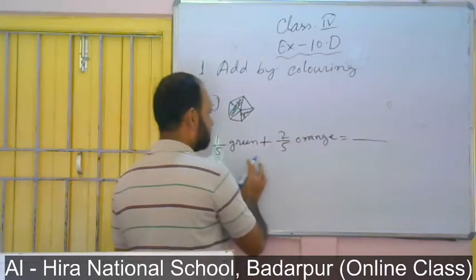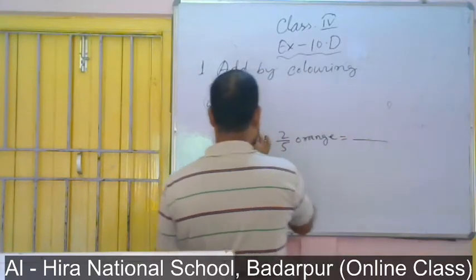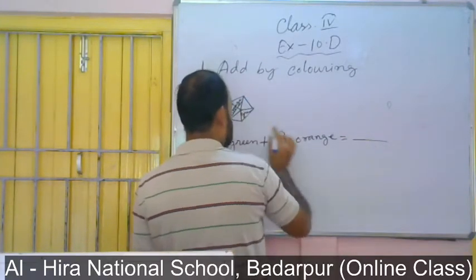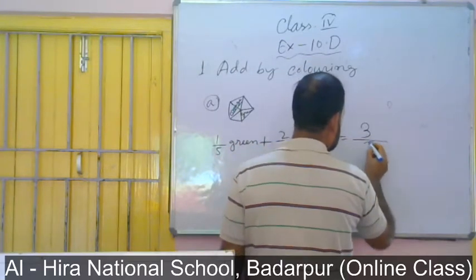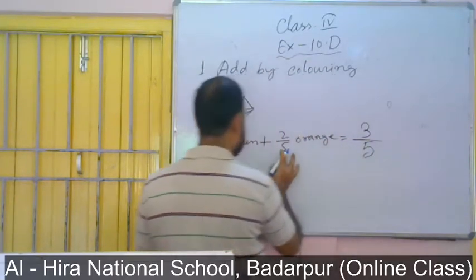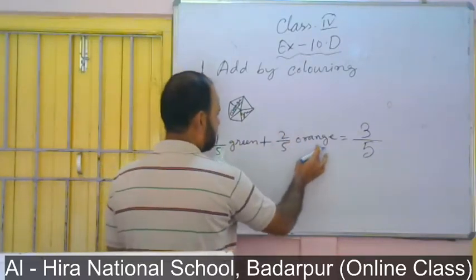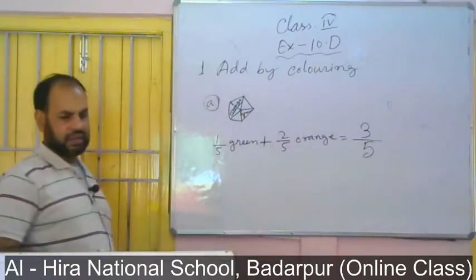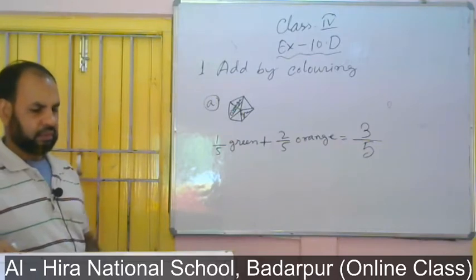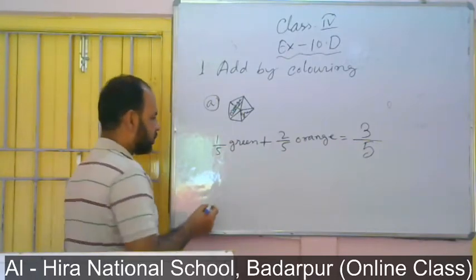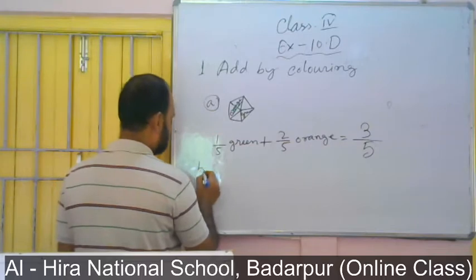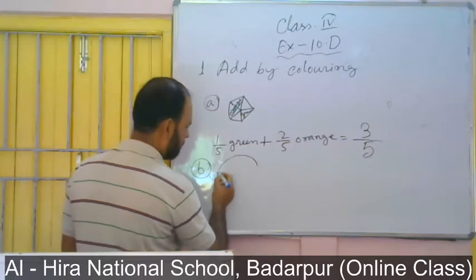So we can write 3 parts out of 5 parts. If we add 1 by 5 plus 2 by 5, we get 3 by 5.